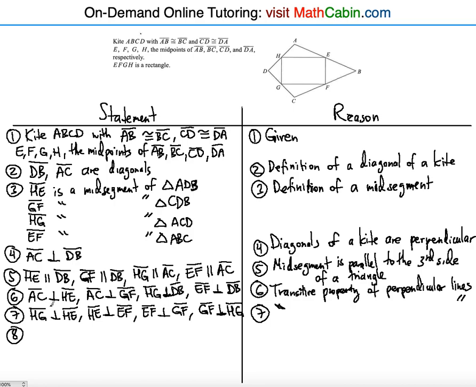So what does that say? Since we already showed perpendicularity of adjacent sides, we can safely say that these angles are right angles, right?